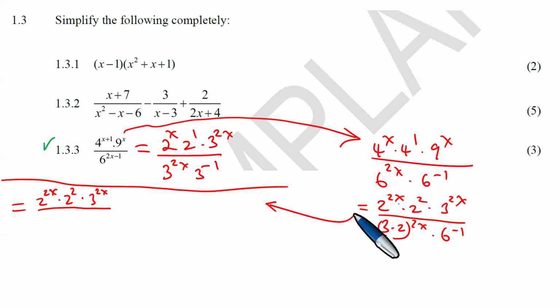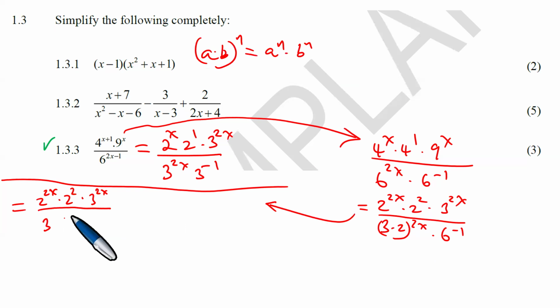The 2 and the 3 are popular here. So you're using the law of exponents: a times b to the nth power is a to the power n, b to the power n, which is 3 to the power 2x, 2 to the power 2x.